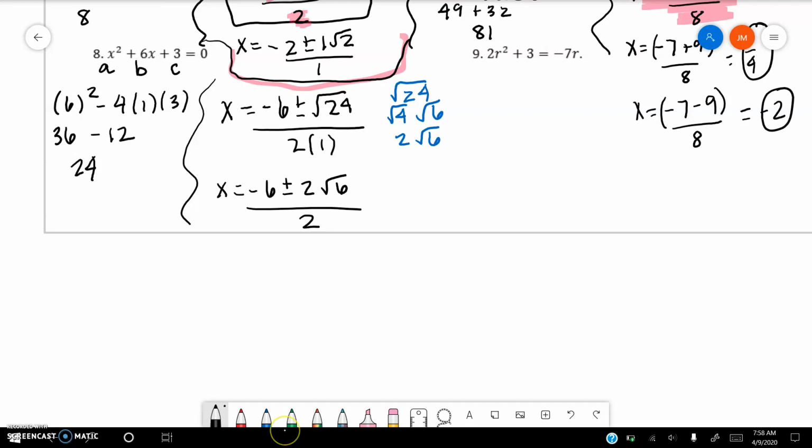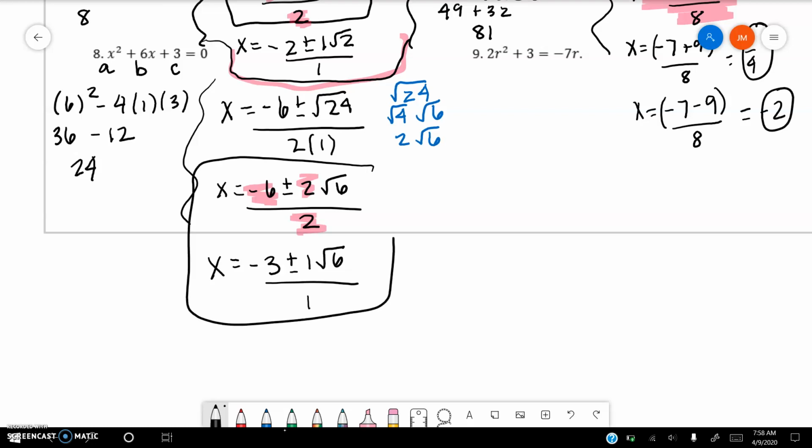And just like before, these can all reduce. So you would have x equals -3 plus and minus 1 root 6 over 1. And either of these answers would be fine. Again, I'm not expecting you to reduce just because you haven't really seen this in person yet. All right, and then the last one for quadratic formula.